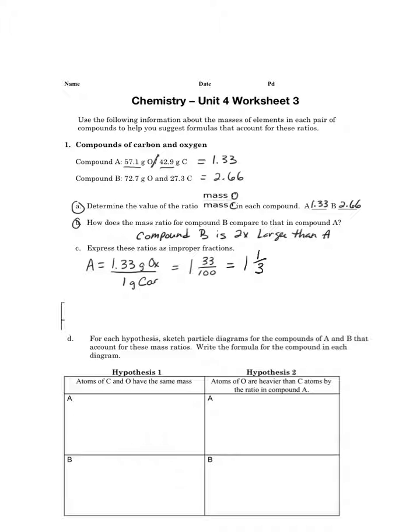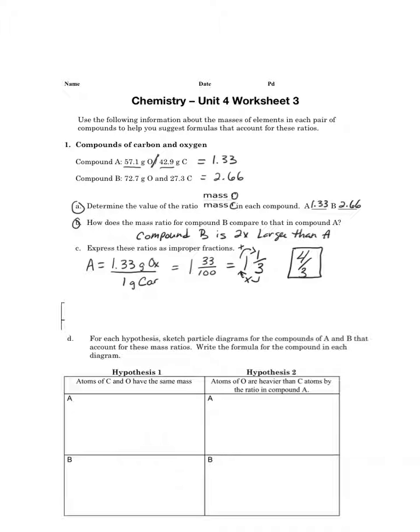So in order to do an improper fraction, you're going to take the 3 and you're going to multiply it by whatever whole number you have. And then you're going to add that product to your numerator. So what this means is I've got 3 times 1, which is 3, plus 1, which is 4. So this becomes 4/3 as an improper fraction.